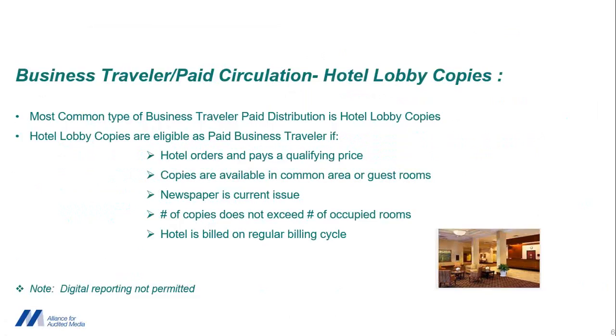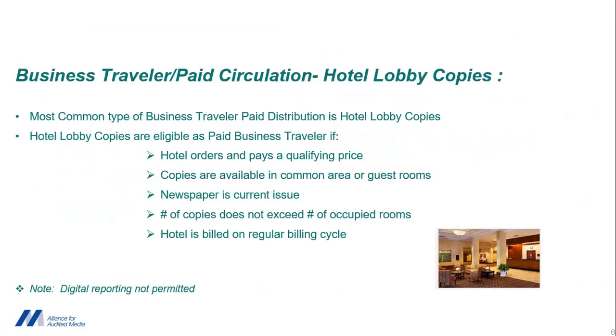It's not a one-time event. They do it maybe once a week or for all 7 days, but it's reoccurring. So it's more than just a one-time deal for the hotels. When they purchase these newspapers for their guests, they need to be placed in a common area for easy pickup by the guests. So it's usually in the lobby.